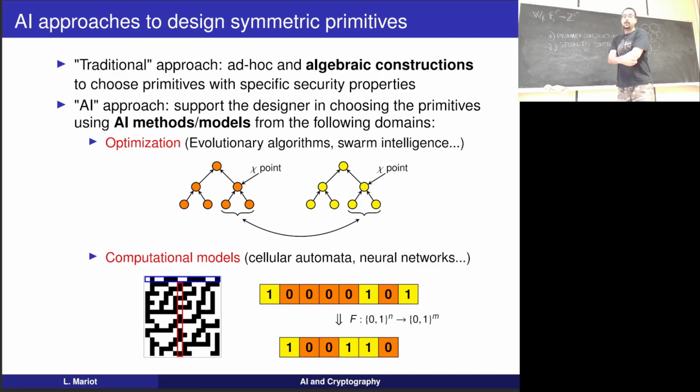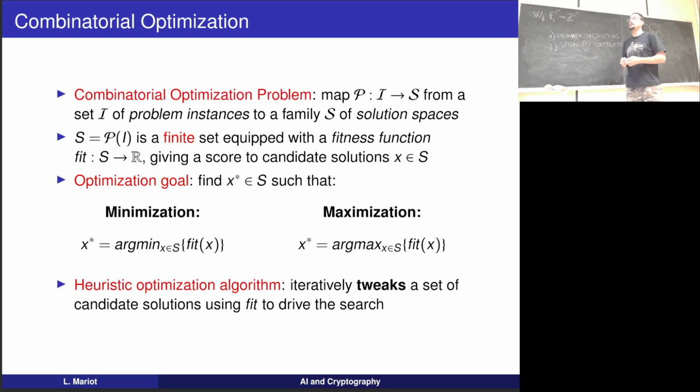So the idea is that we have at hand a combinatorial optimization problem, which is defined by this map P, let's say, that is mapping a set of problem instances to a family of solution spaces. And this set S is also a finite set that is equipped with what is called a fitness function.